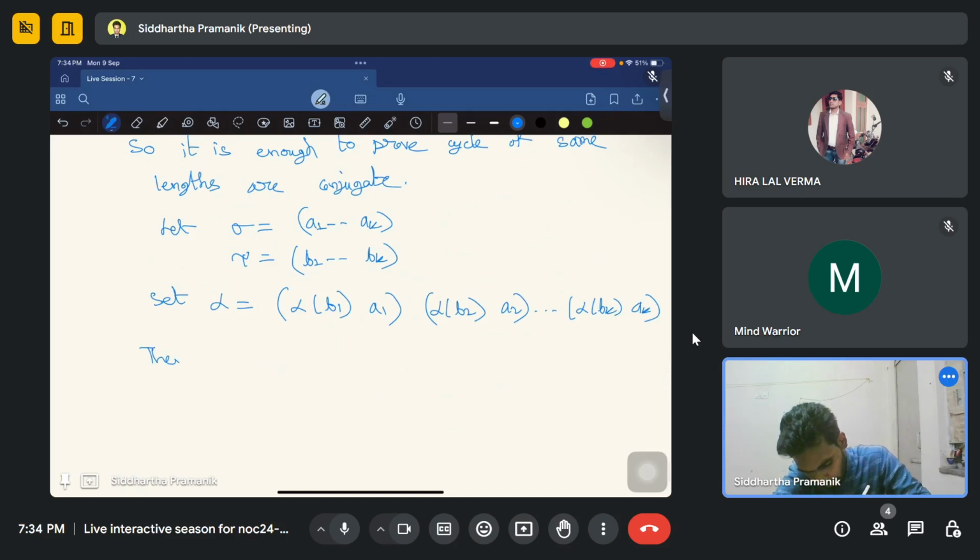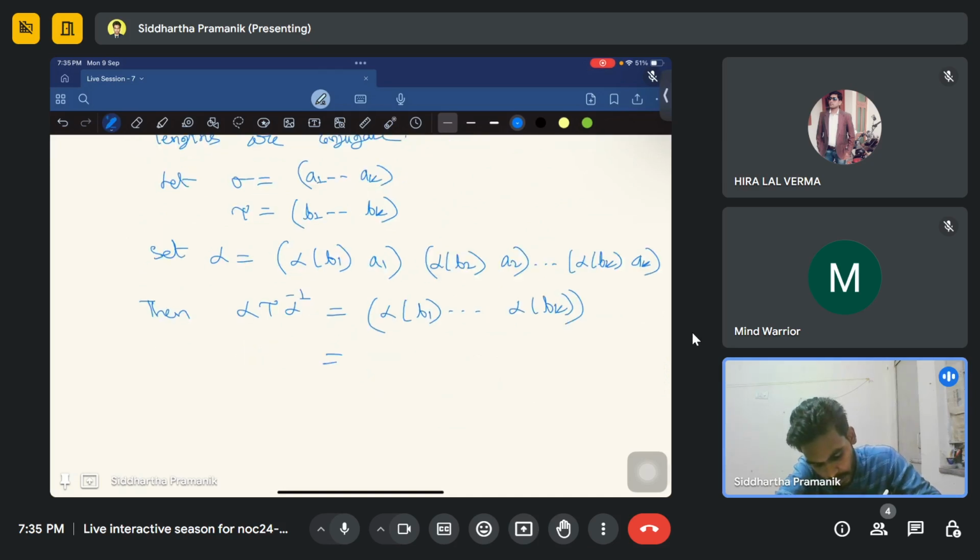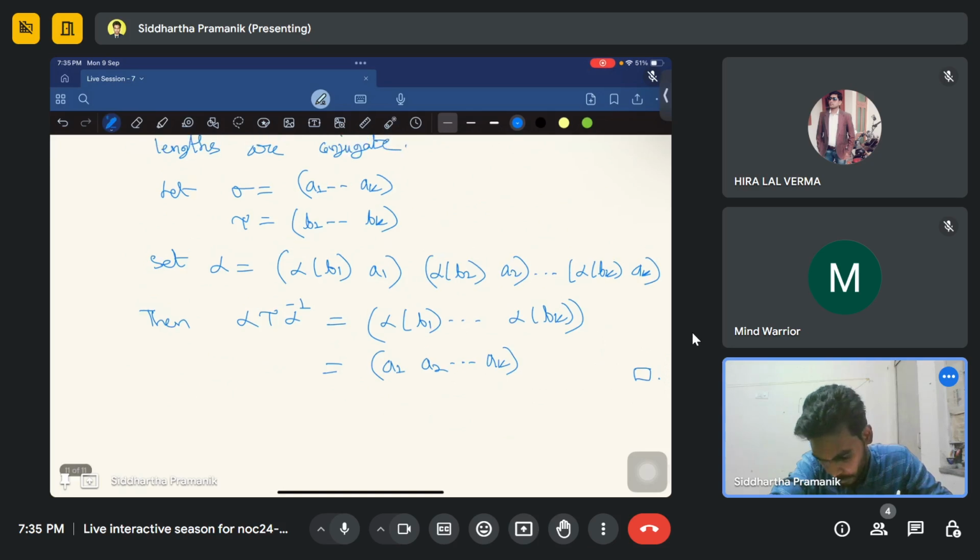Then alpha tau alpha inverse is the same as (alpha b1 up to alpha bk), by our first result, and this is the same as (a1 a2 up to ak). Okay, so this completes the proof. Is it okay?